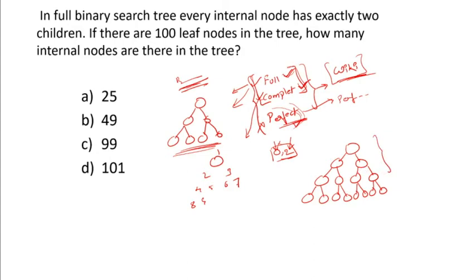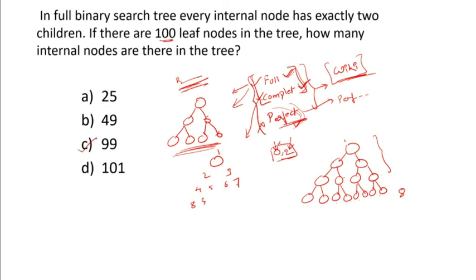Now, can somebody answer? There are 100 leaf nodes. So look here, 1, 2, 3, 4, 5, 6, 7, 8. There are 8 leaf nodes. How many internal nodes are there? 1, 2, 3, 4, 5, 6, 7. If there are 100 leaf nodes, how many internal nodes are there? The answer is 99.